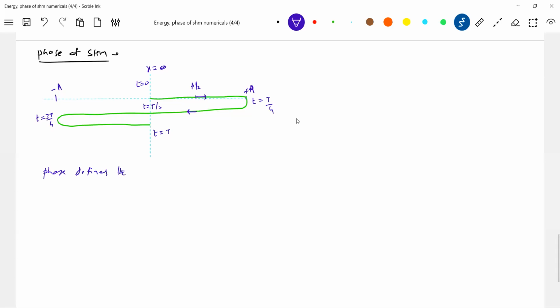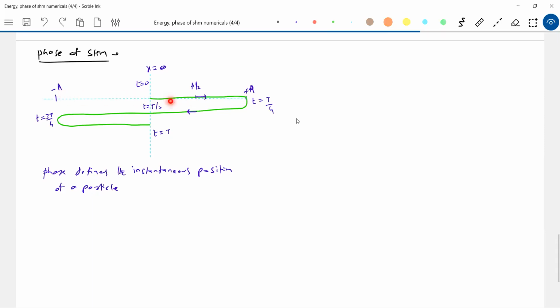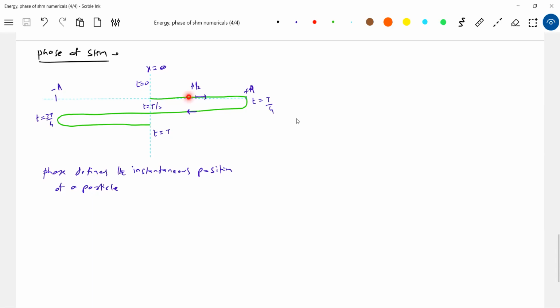Phase defines the instantaneous position of a particle at that instant. Suppose it takes 2 seconds to complete one oscillation. At t equal to 0.4 seconds, where is the particle? By phase, I can predict that.